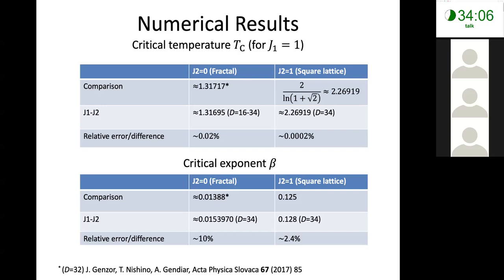Right, so when J2 is equal to 0, we have a pure fractal lattice, and we can compare our new results with the previous ones, and there is excellent agreement in critical temperature. And this estimation of critical temperature is very reliable and does not really change as we increase the bond dimension above 16.